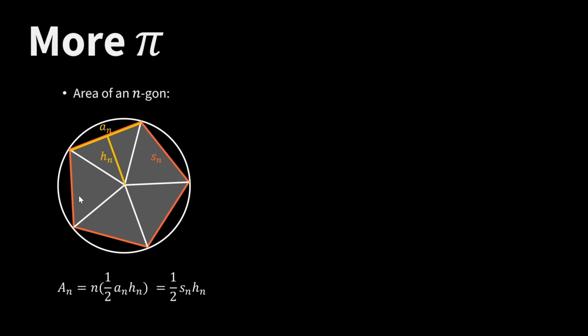The n-gon is composed of n triangles. Let's call the height of the triangles h_n. The area of each triangle is 1/2 a_n times h_n. Since we have n triangles, we multiply this by n. Now let me call the circumference of the n-gon S_n. S_n is n times a_n. We can now express the area of the n-gon A_n as 1/2 S_n times h_n.